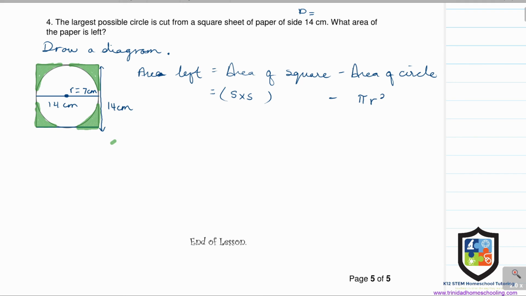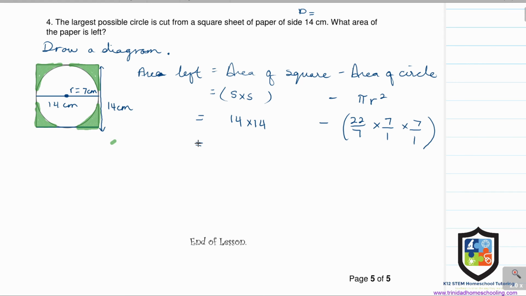So pi r squared is the area of my circle. So my area of my square is going to be 14 multiplied by 14 minus, we're going to use 22 over 7 because they didn't say what to use, but I will use 22 over 7 because I am seeing that my radius here is easily divisible by 7.